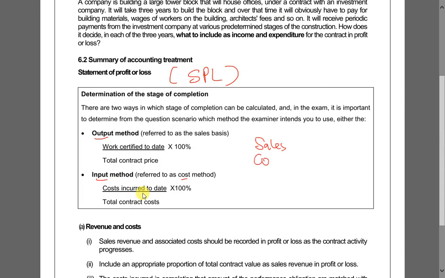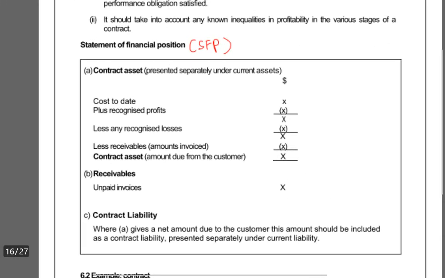Sales, cost of sales, and profit. So to determine your sales, your cost, your profit, we have two methods. Then your SFP, this is the format.